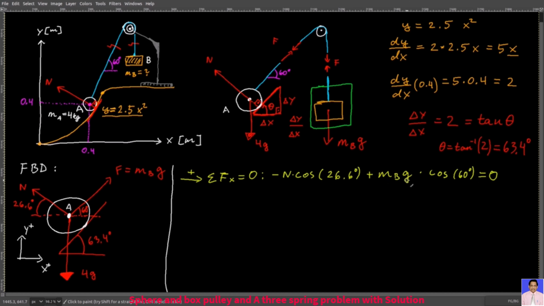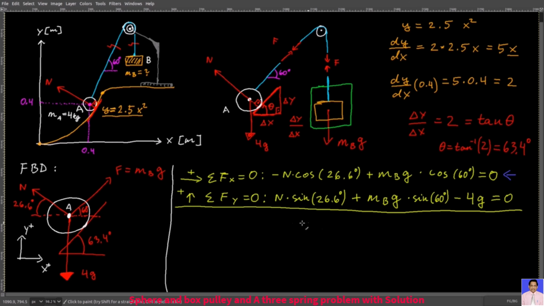And this mb g, that's your F force. And then the sum of the forces in the y direction must also equal 0. So you have N times sine 26.6 degrees plus mb times g times sine 60 degrees minus FG equals 0.